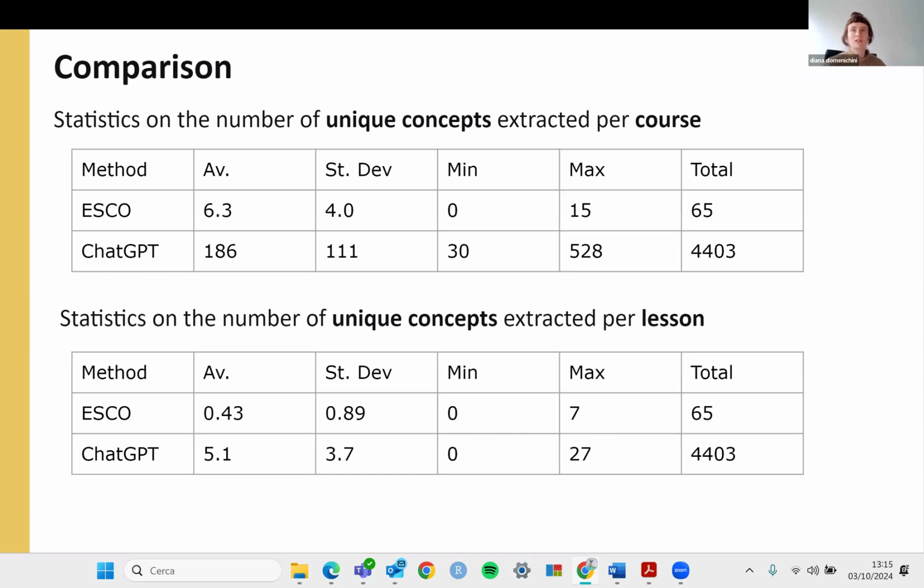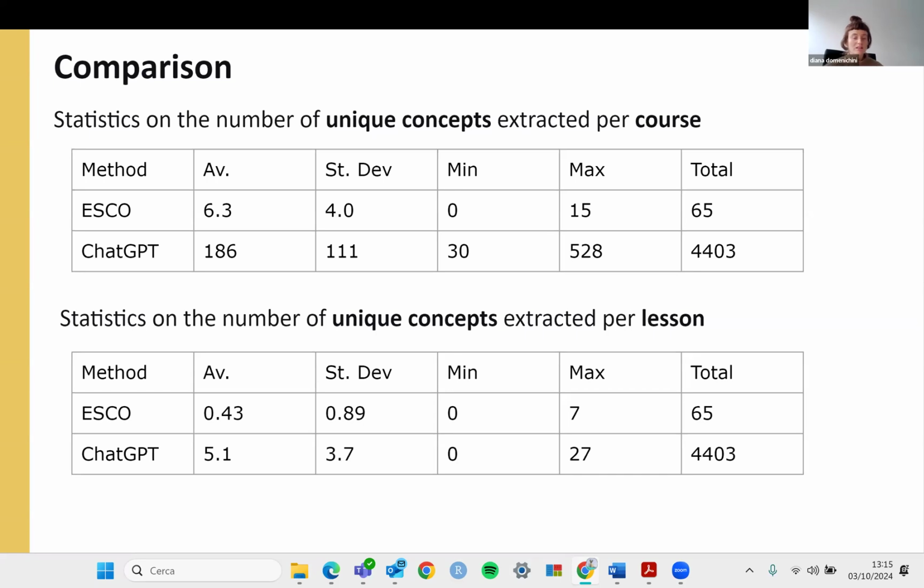Okay, here we see the comparison of the two methods. This table represents the number of unique concepts extracted per course, and the second table the number of unique concepts extracted per lesson.